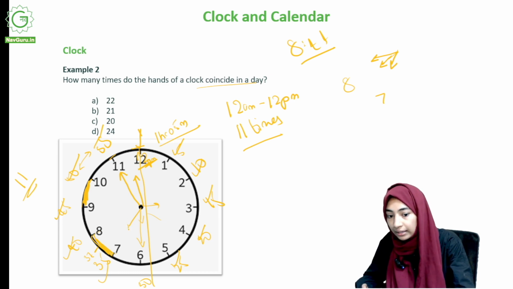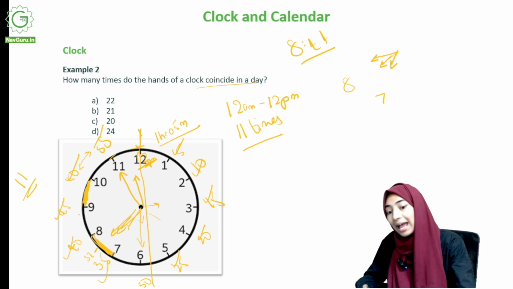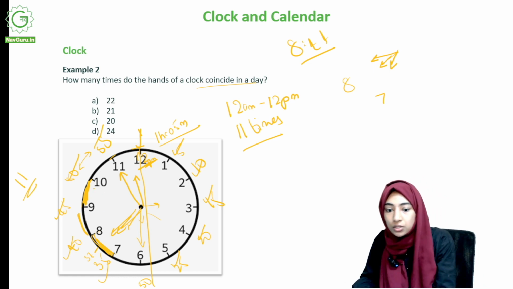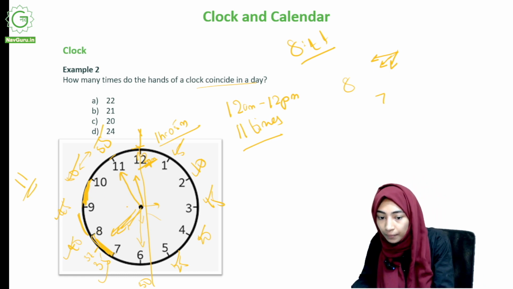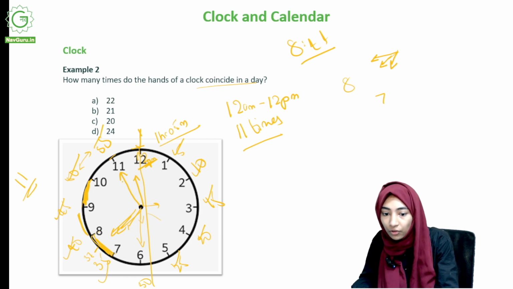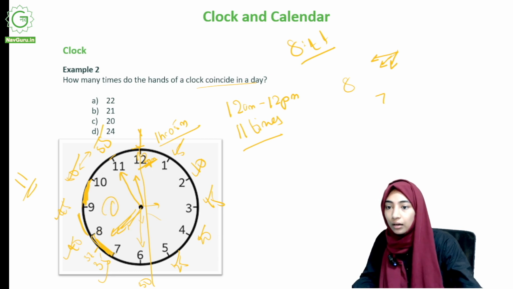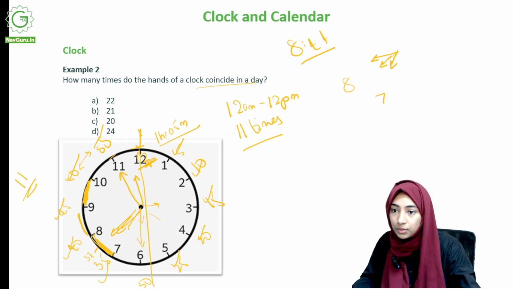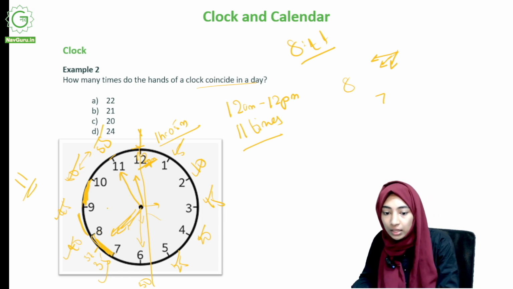So the hour hand will be somewhere here and the minute hand will be somewhere here. At 8, it will coincide between 8:40 to 8:45. The hour hand will be somewhere here and the minute hand will also be somewhere here.